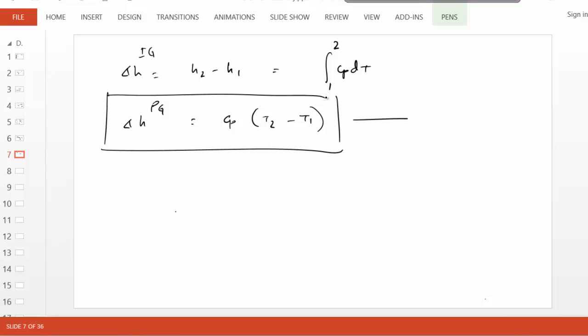So we have one equation for change in internal energy. Now we have an equation for change in enthalpy. Finally, we need to develop an equation for change in entropy.